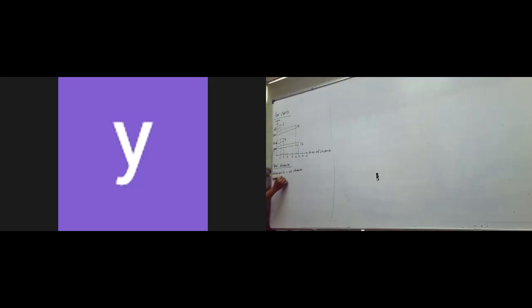What is the fraction of students that like blue color? Blue. So it will be what? Fraction.